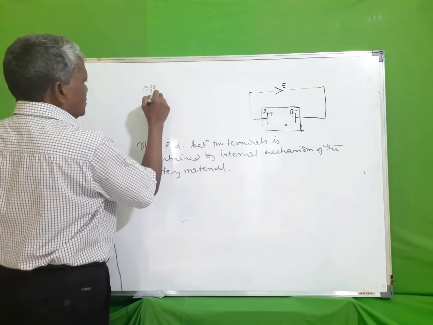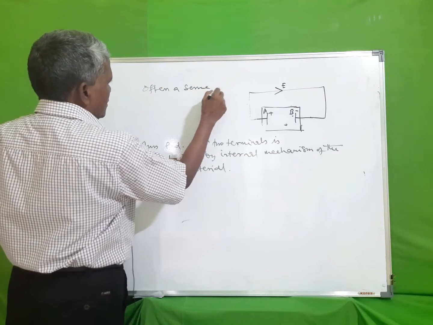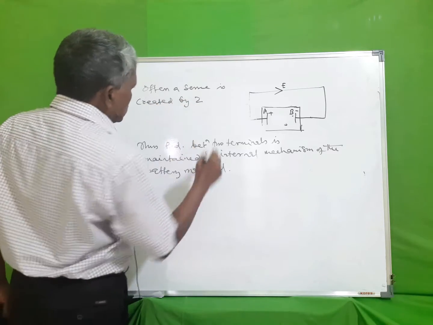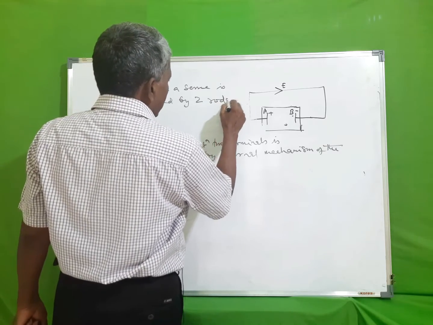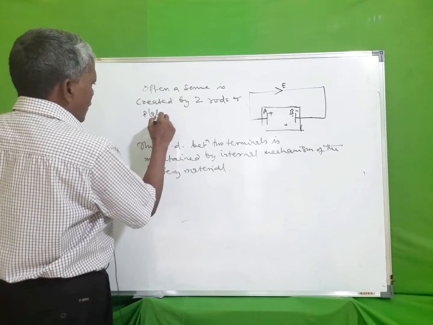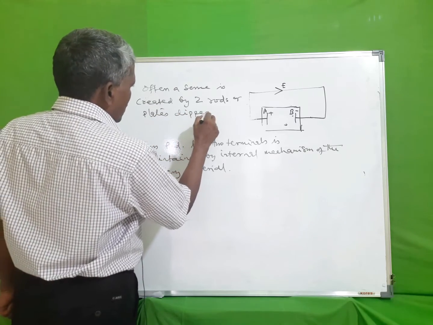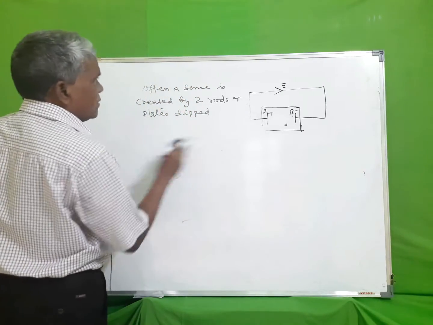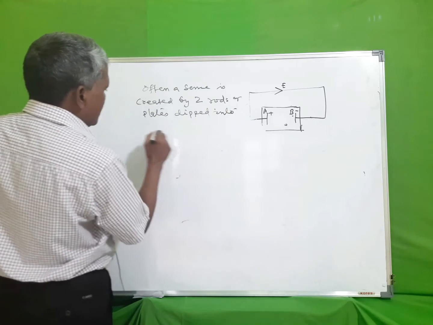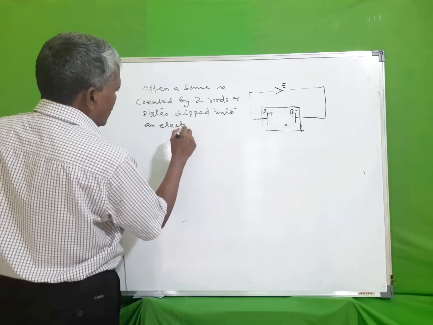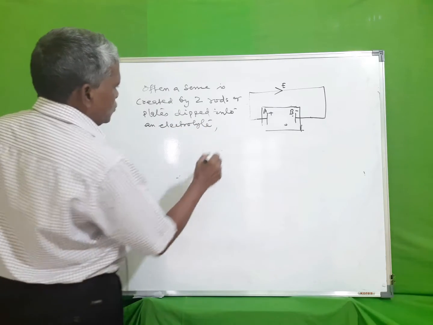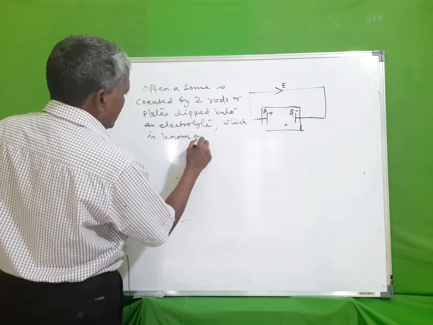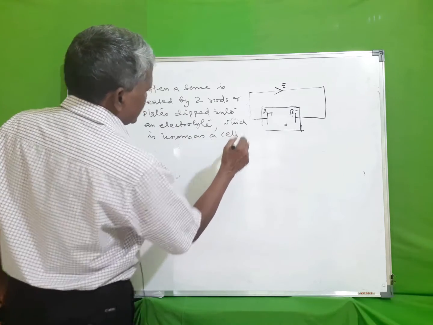Often a source is created by two rods or plates dipped into an electrolyte, which is known as a cell.